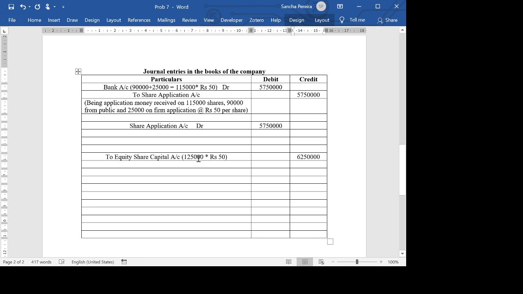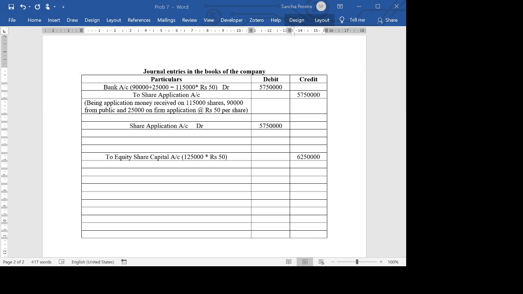How can they be so sure? They have appointed underwriters. But right now in the share application account we have only 57 lakhs 50,000. We are expecting 62 lakhs 50,000. That's much more. From where is this balance going to come?